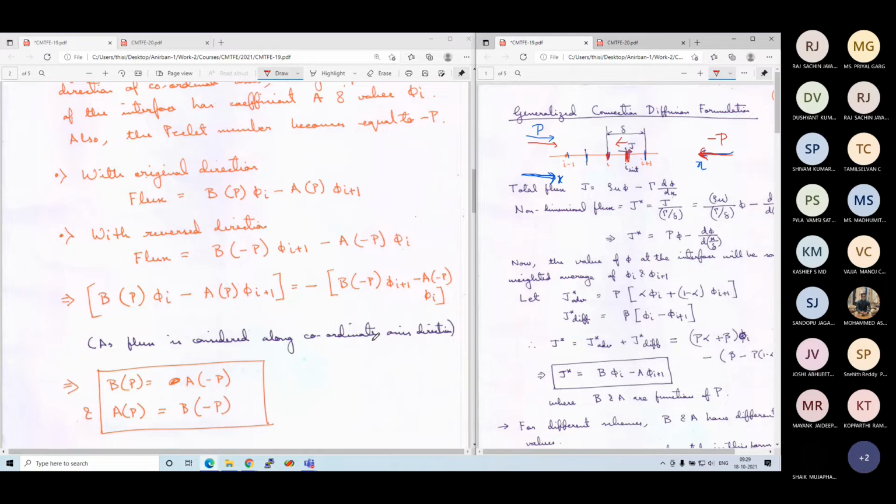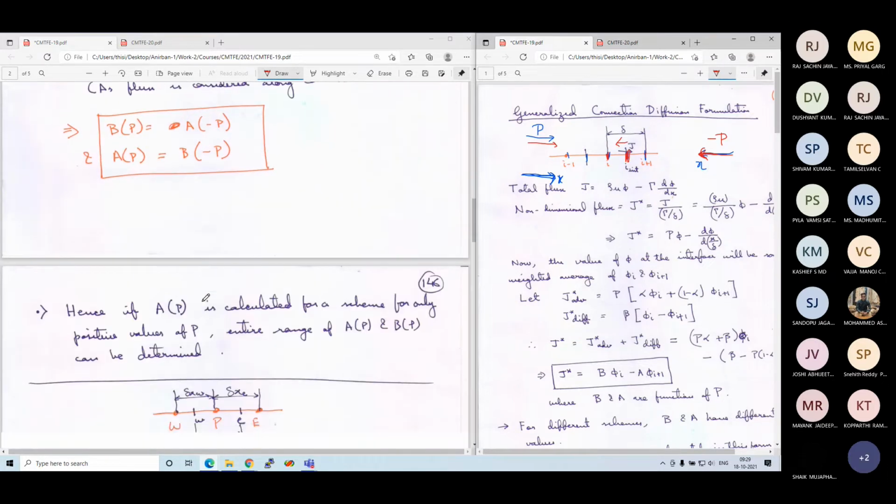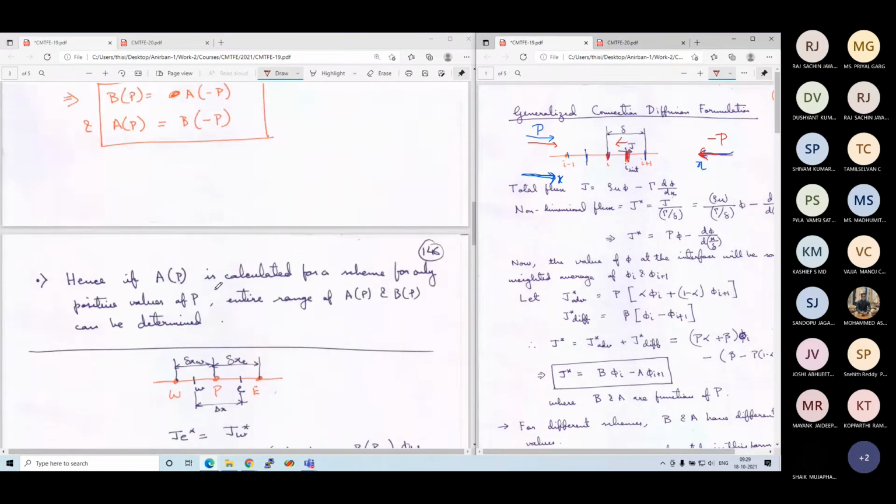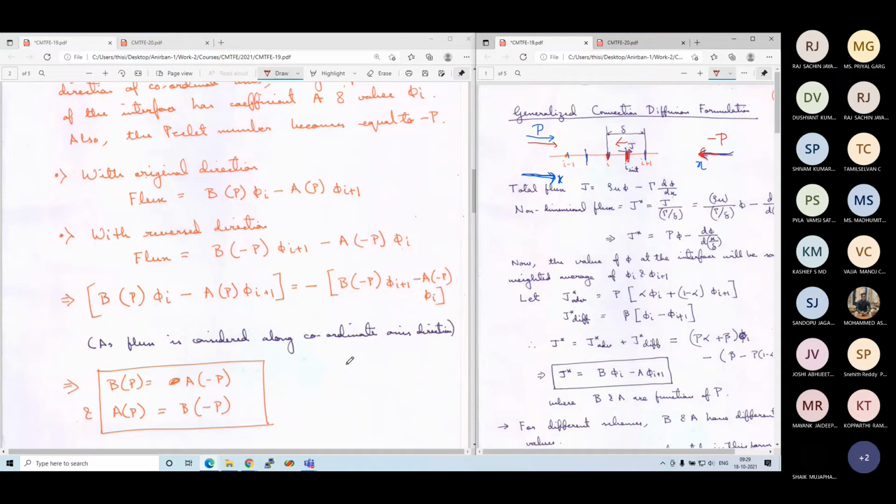What does it mean? I will show you with an example. Say A of P is equal to something like 1 plus P by 2.